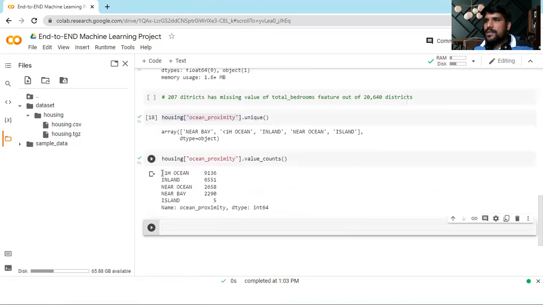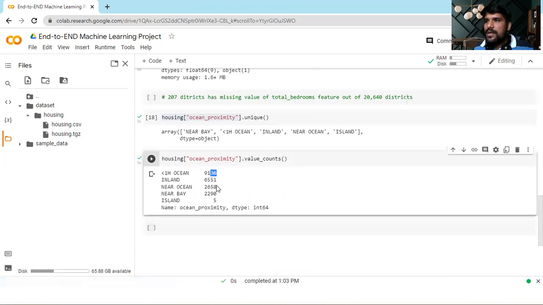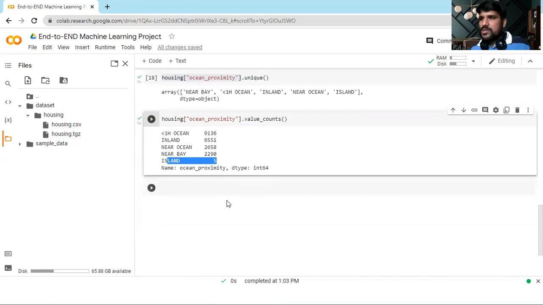So I understand that less than 1H ocean contains 9,136, inland contains 6,551, near ocean 2,658, near bay 2,290, and island contains very few values, just 5. Though it is mentioned as data type object, it contains categorical information.